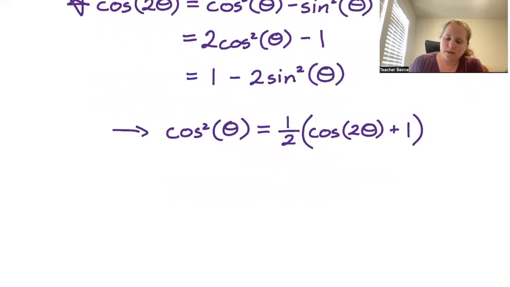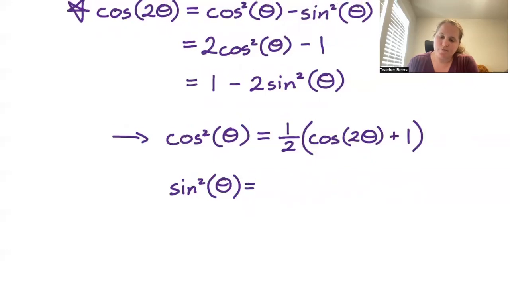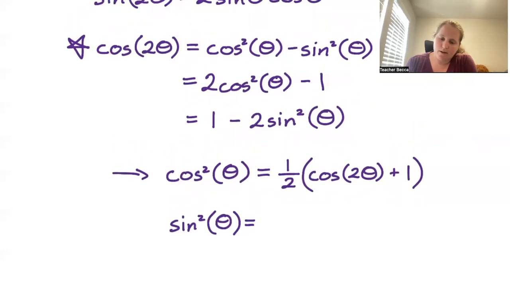And we have that sine squared of theta is, we would have cosine 2 theta minus 1 divided by negative 1/2 becomes 1/2 of 1 minus cosine of 2 theta.